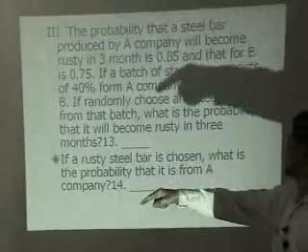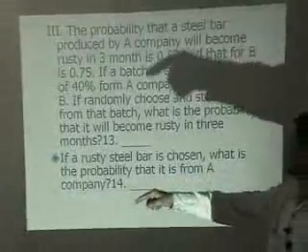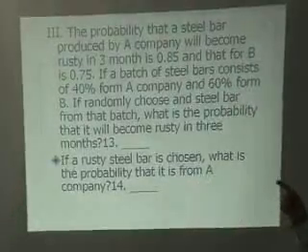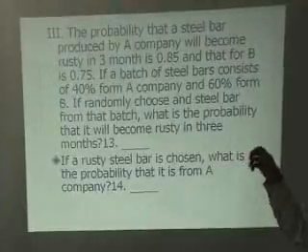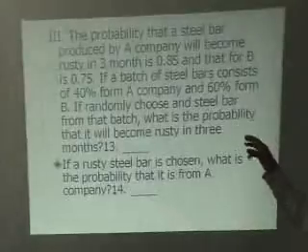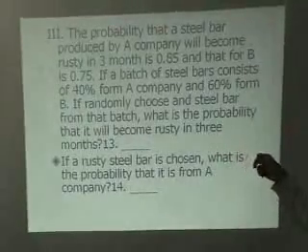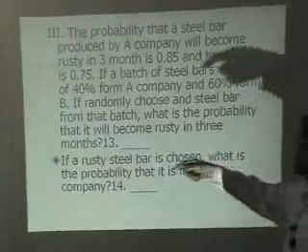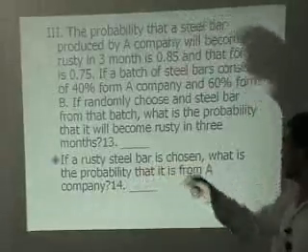If a batch of steel bars consists of 40% from A and 60% from B, then when you select any one that is defective, part of it can be from A and part of it can be from B. And also there is the probability of the defective rate. So you have to consider all this.